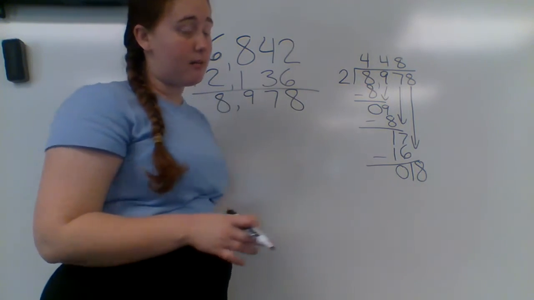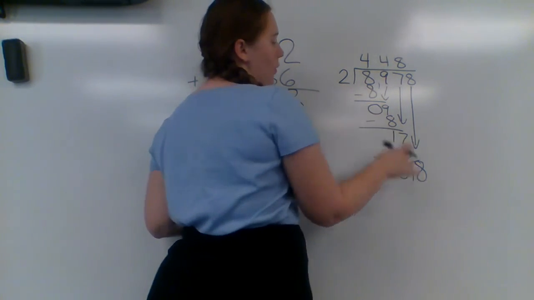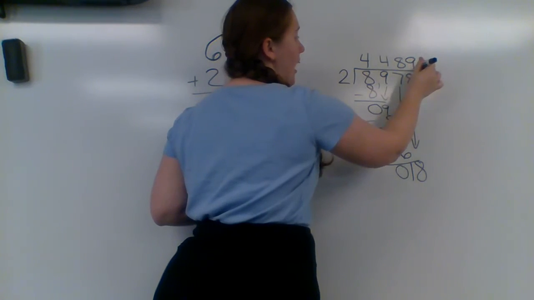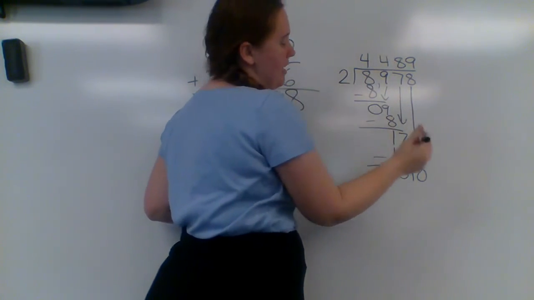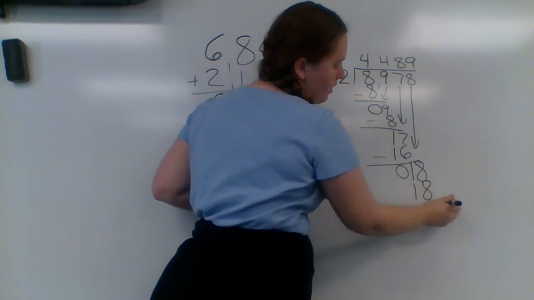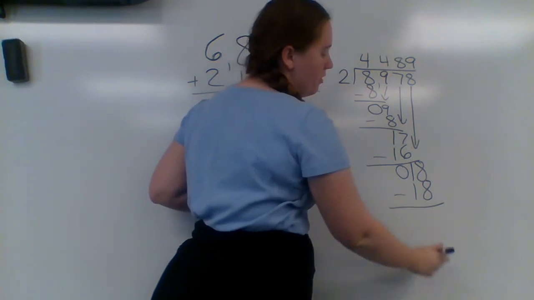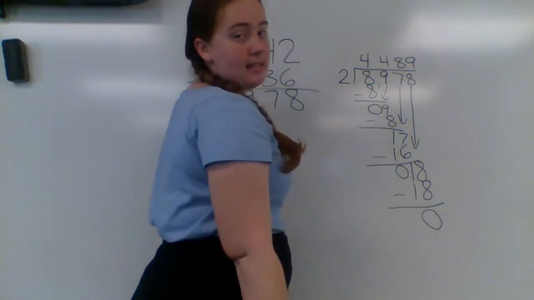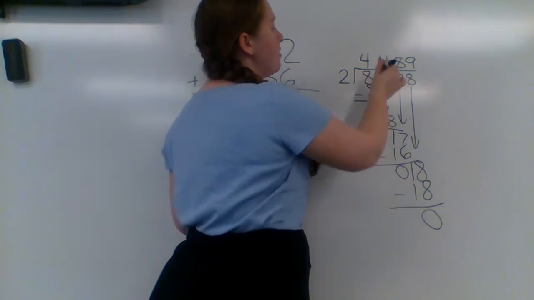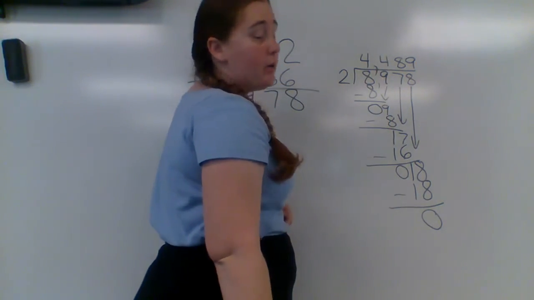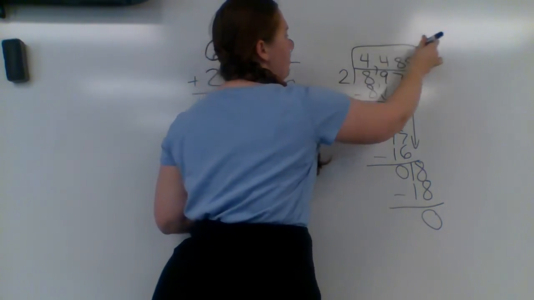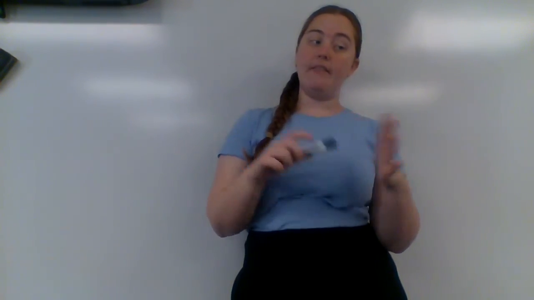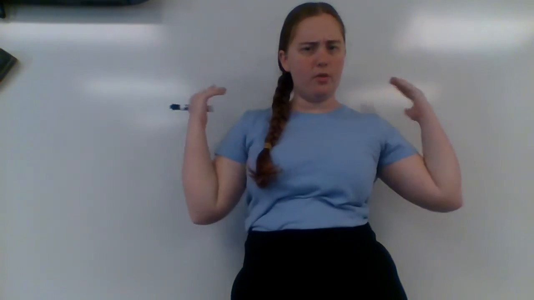That's 9 times. 9 times 2 is 18. And we got subtraction. 18 minus 18 is 0. And my answer is 4,489.